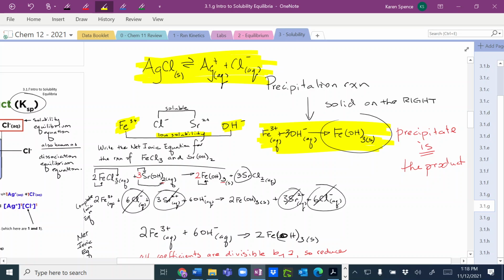This one has a solid on the left, this one has a solid on the right. One is at equilibrium, another is one direction. When we're writing a precipitation, we don't care that it's going to precipitate and then start forming a little bit of an equilibrium. We mostly care about the fact that it has made a solid, and we're not going to go past that point. So we just write it as a one-way arrow. If we then want to look at the solubility equilibrium later, we will write a separate equation the other way around.